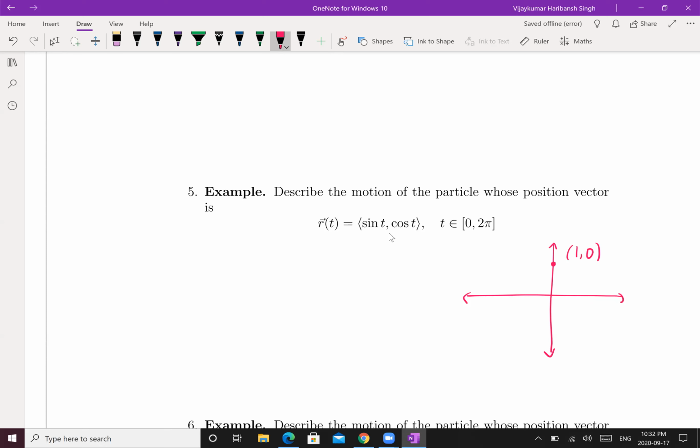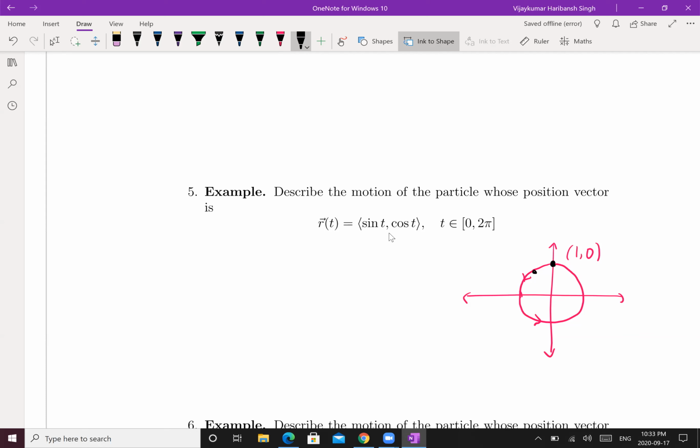Then as we keep increasing t, we are moving in this direction, from 0 to 2 pi. You start at 0 here, and then you come back at 2 pi. We are here.